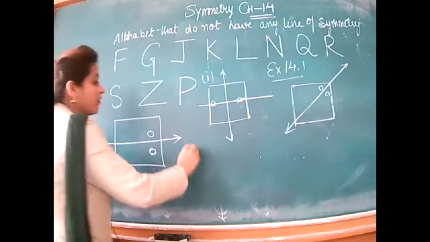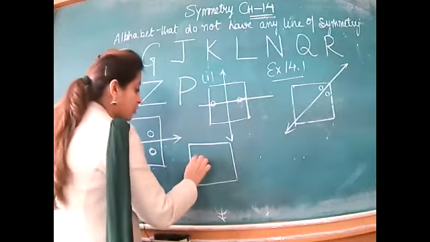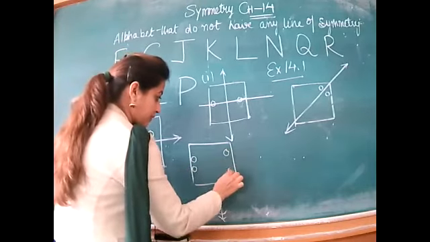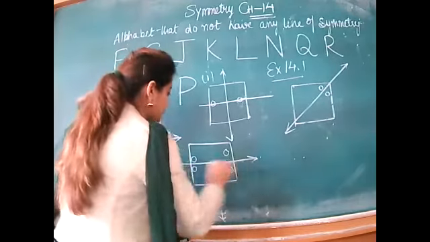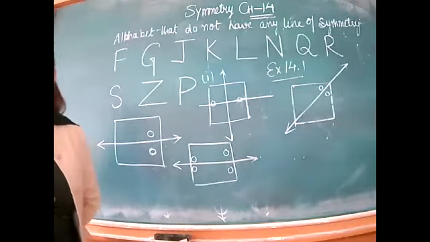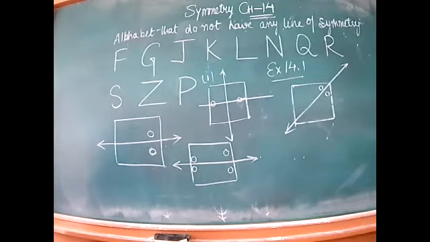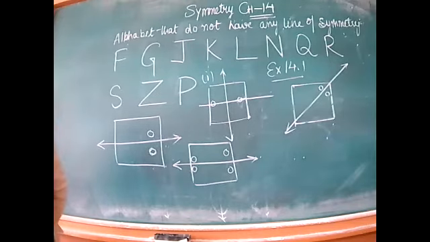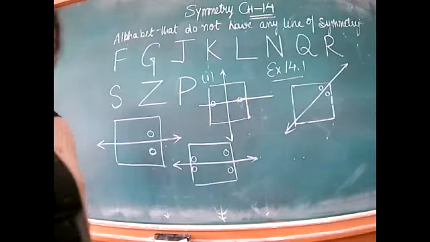All the answers are given at the back of the book. So it has only 1 line of symmetry, so that all the circles will overlap each other. Do the next parts, E, F, hurry up. Question number 2 is also the same, so I am waiting for you. Please do questions 1, 2, 3 in the book.